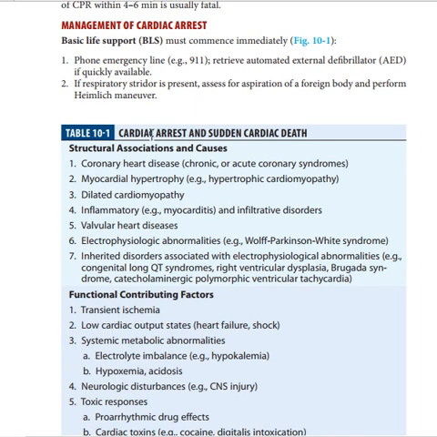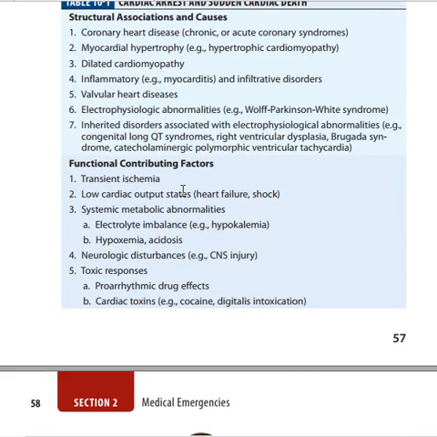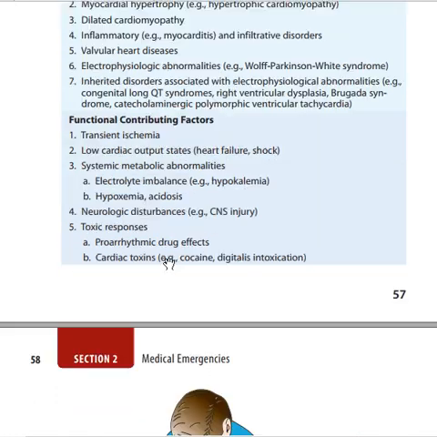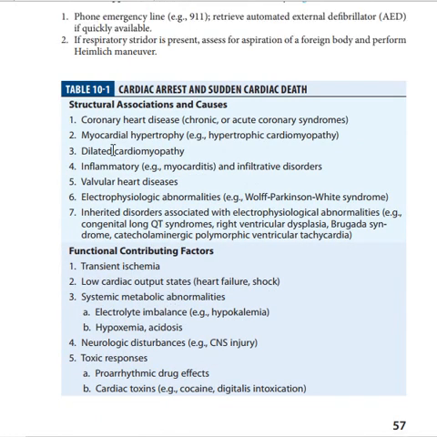So the next one, you have cardiac arrest, the table. What are the things, cardiac arrest and sudden cardiac death? These are the different causes of cardiac arrest. You have structural abnormalities and functional abnormalities. The structural abnormality that can cause cardiac arrest is coronary heart disease.